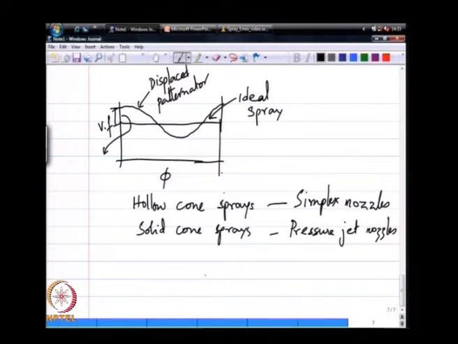And then when we get to air assist nozzles, the three designs that we saw have independent control over the spray pattern by controlling the angle over which the air is introduced.